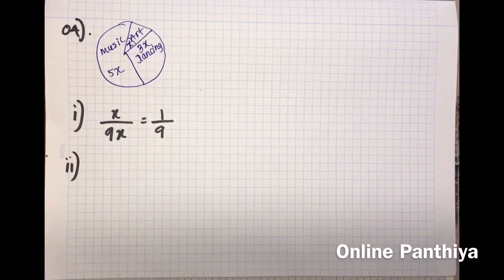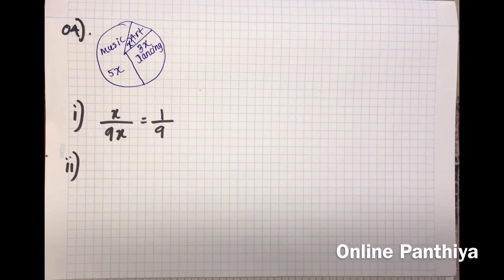So the next part, they say calculate the magnitude of the angles at the center of the sectors corresponding to the three subjects and write them on the relevant dotted lines in the given pie chart. Now how do you find it? Have they given any information? No. How do you come to this question now?